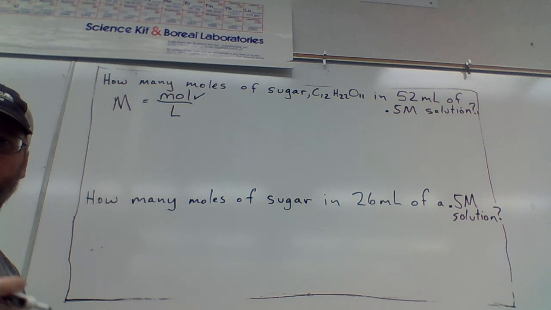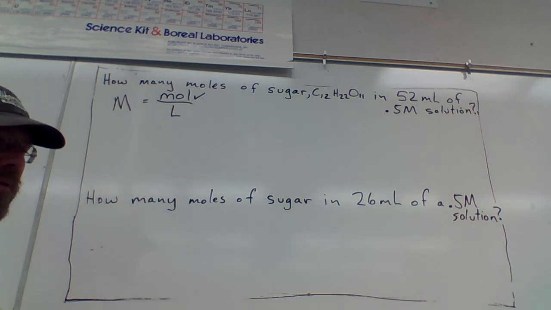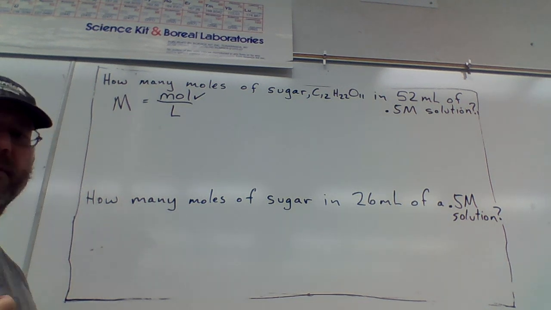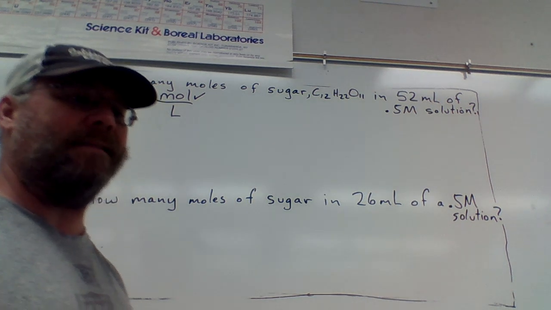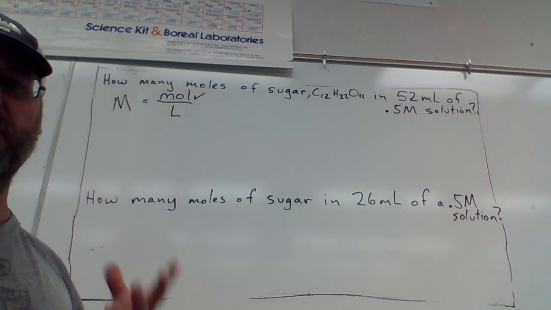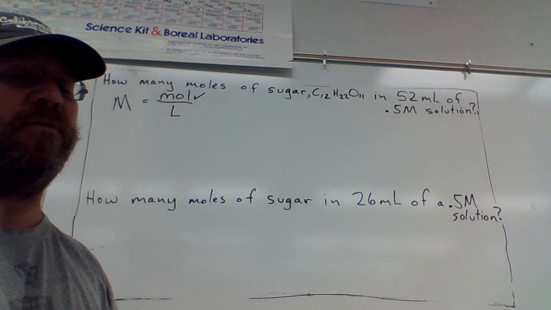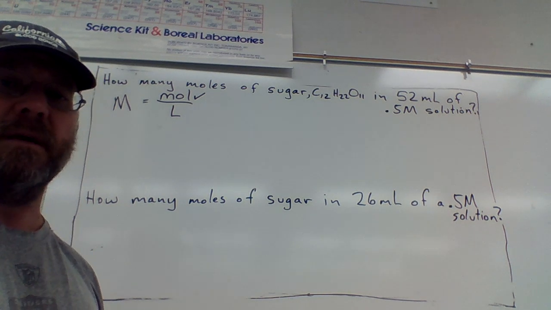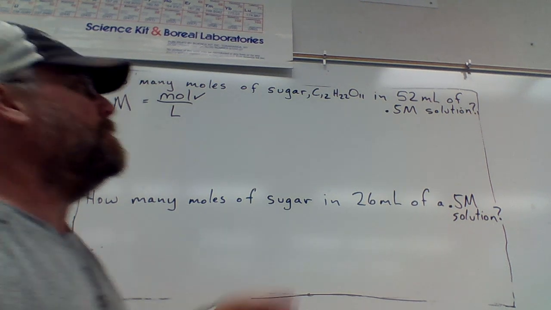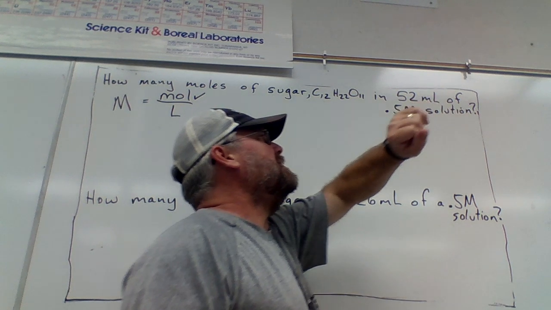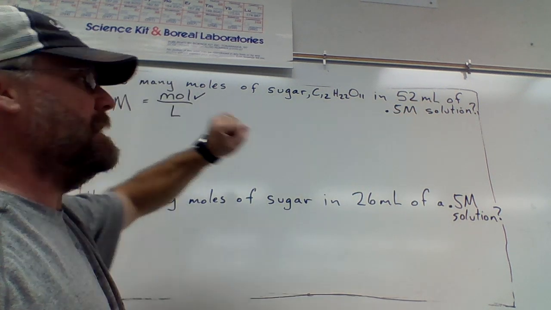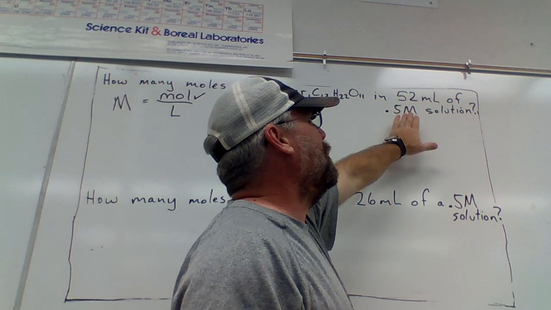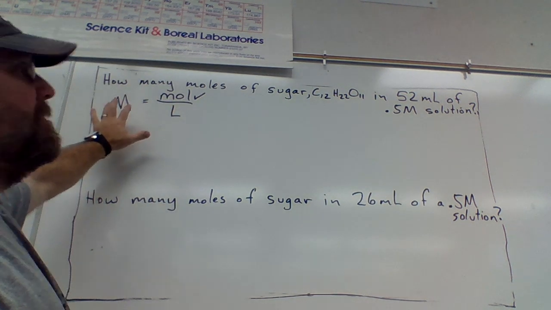To do that, there's a number of ways we can do it. My personal preference anytime I'm doing math is to solve for what I'm looking for before I ever start with numbers. Some people like to jump in. They like to throw that 52 milliliters in for the liters right away. They like to throw the 0.5 molar solution in for the molarity right away.